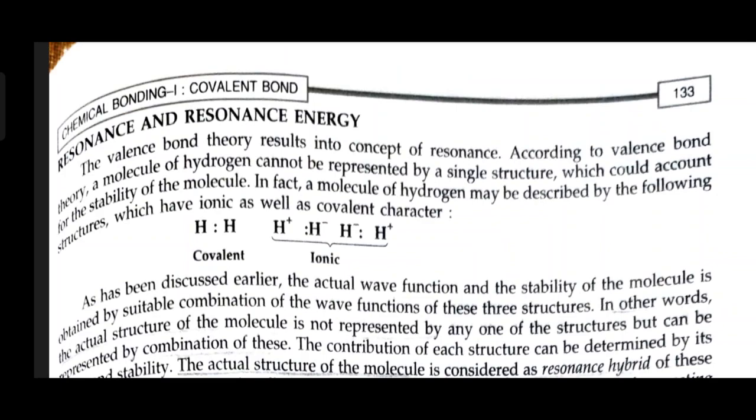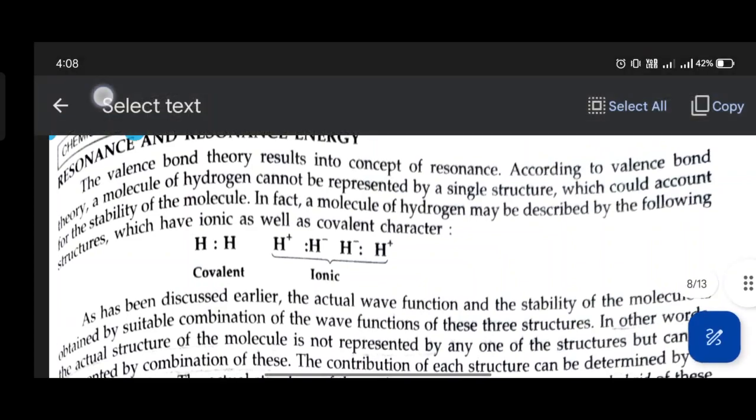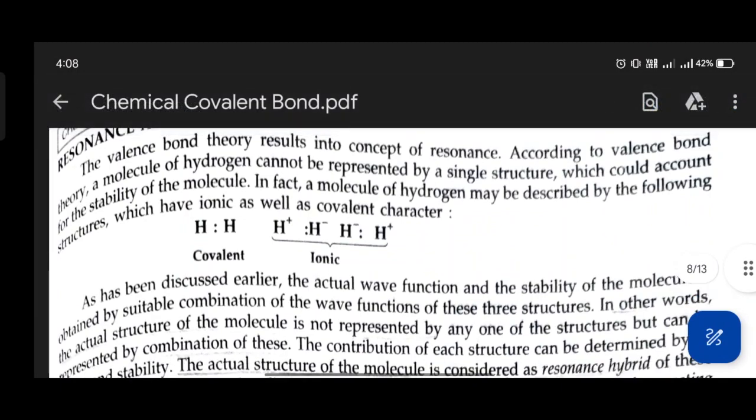The valence bond theory results in the concept of resonance. According to valence bond theory, a molecule of hydrogen cannot be represented by a single structure which could account for the stability of the molecule. In effect, a molecule of hydrogen may be described by the following structures, which have ionic as well as covalent character.